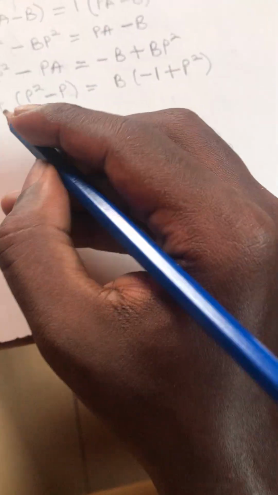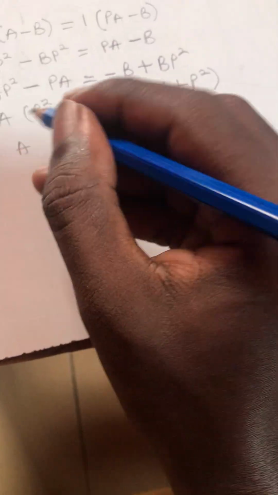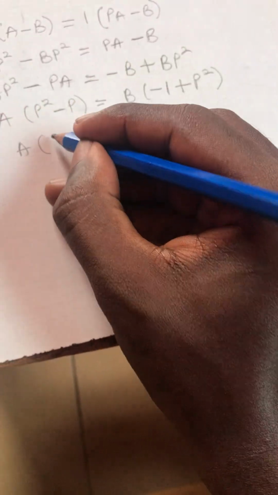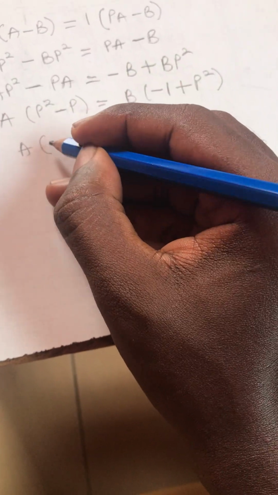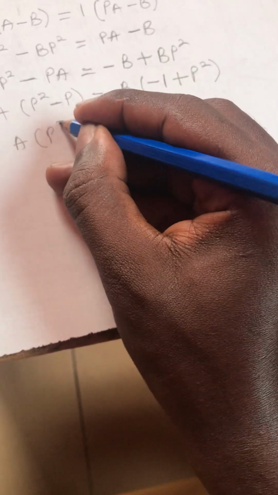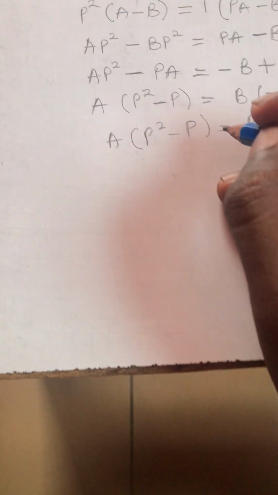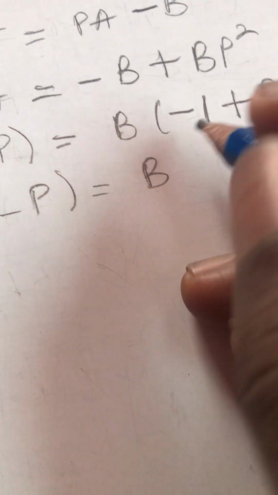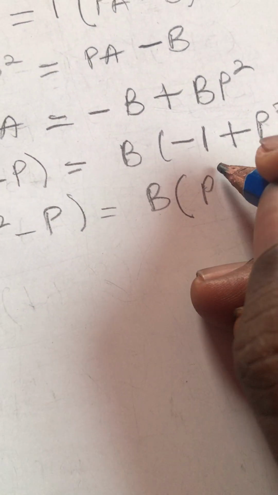So therefore our A multiplying P squared minus P, equals B multiplying P squared minus 1, right?